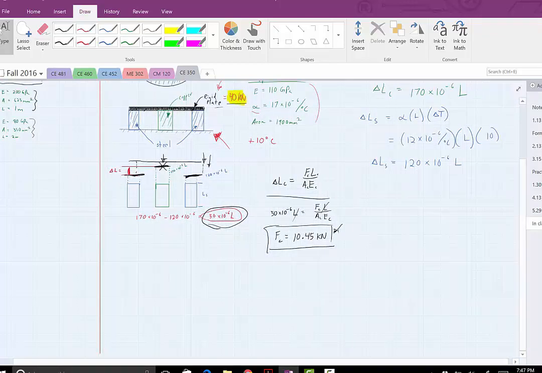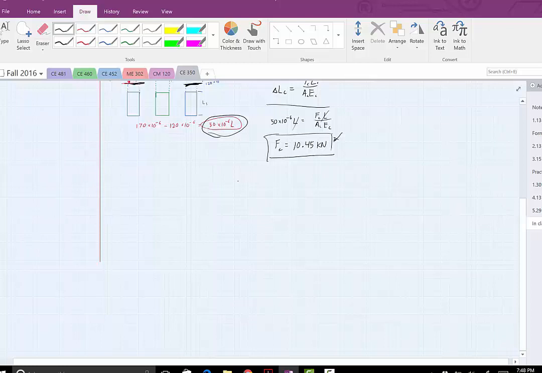It's the intermediate answer. So the next thing we need to do is determine how much of the load is going to be applied to both the copper and the cylinder, because this 10.45 kilonewtons is just on the copper prior to it hitting the steel. So we'll say the 40 kilonewtons that we originally started with, minus the 10.45 kilonewtons, is going to equal 29.55 kilonewtons.